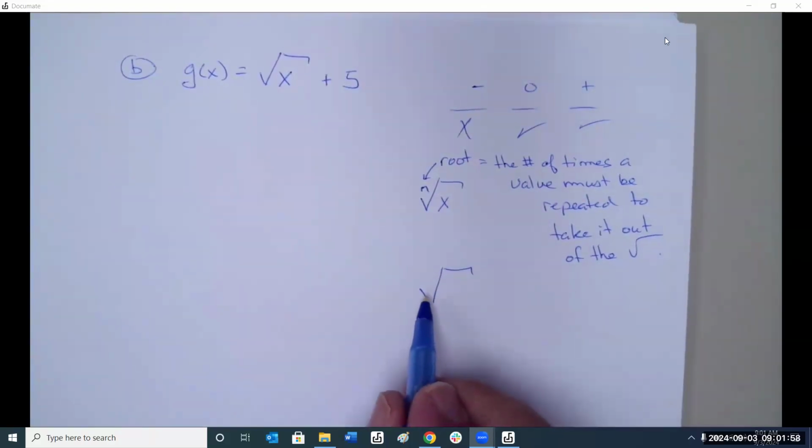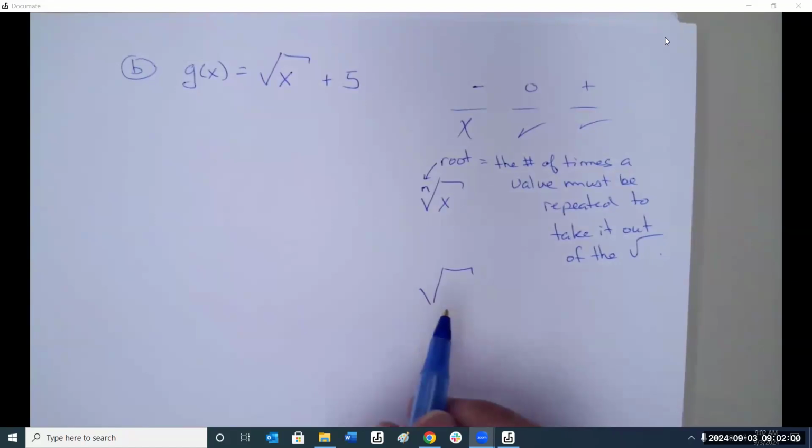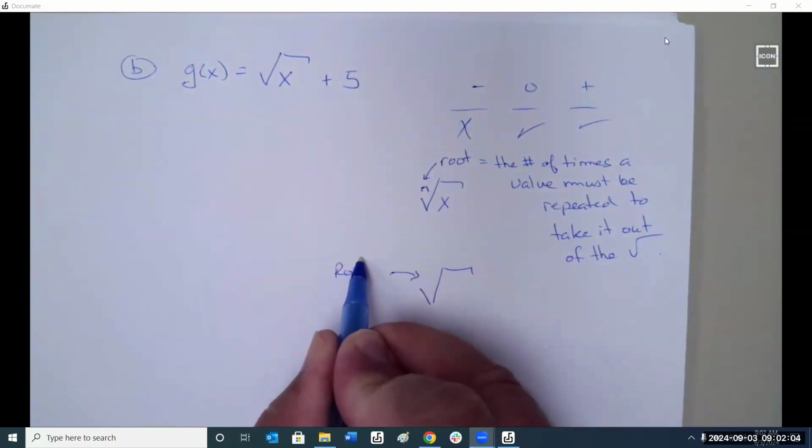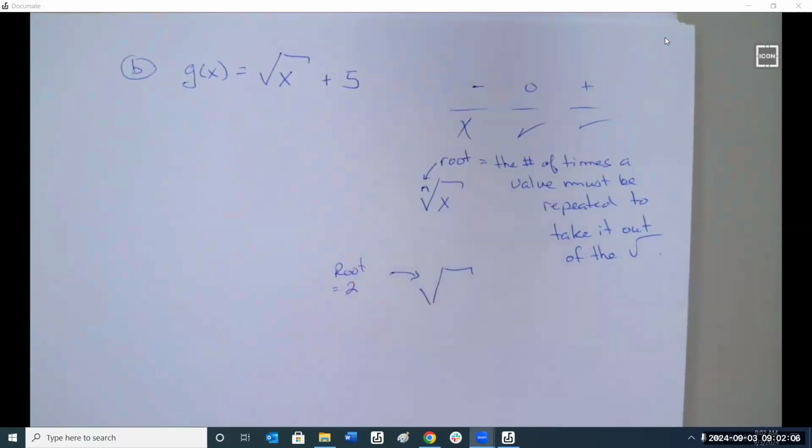So if there's nothing there, the root is 2. It's a square root, 2.